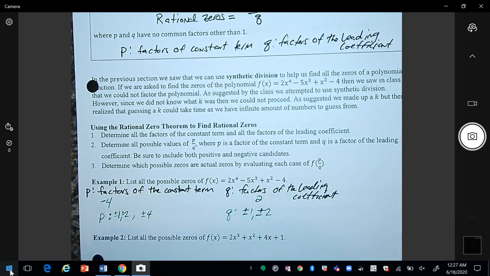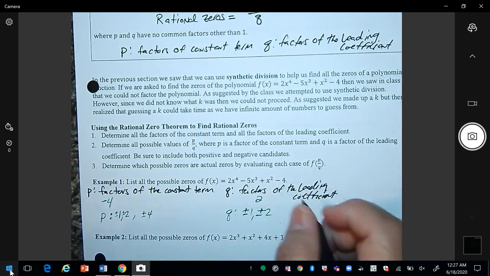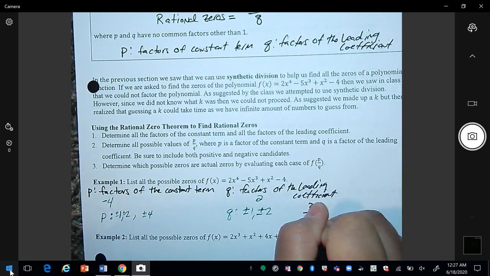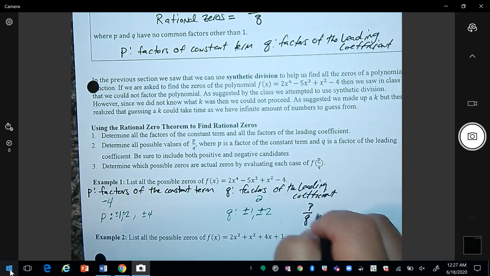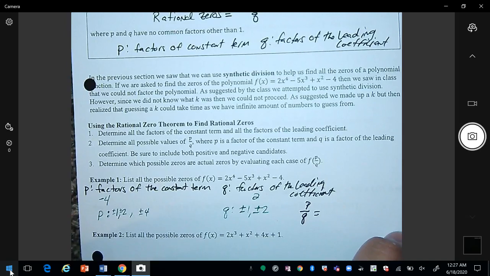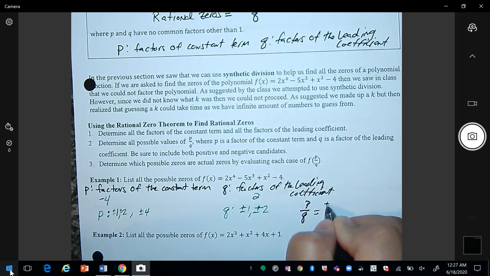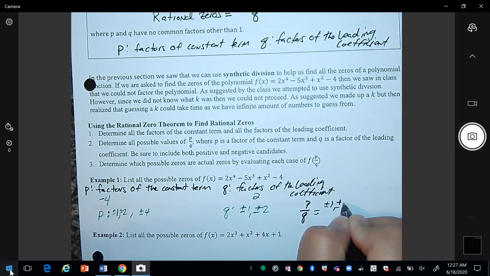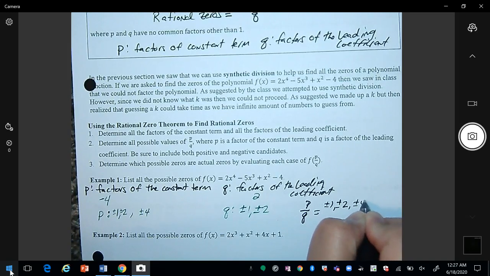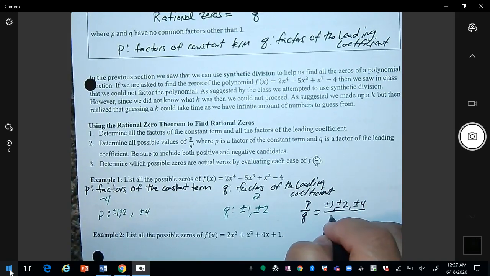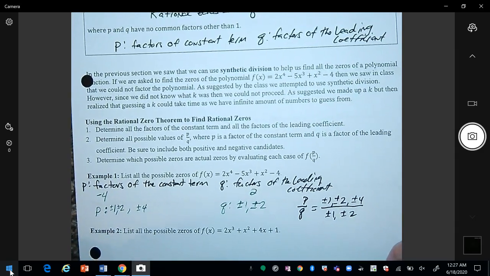Now that we have our p and q, the theorem says that the rational zeros would be given by p divided by q. So p is plus or minus 1, plus or minus 2, plus or minus 4, and q is plus or minus 1, plus or minus 2.